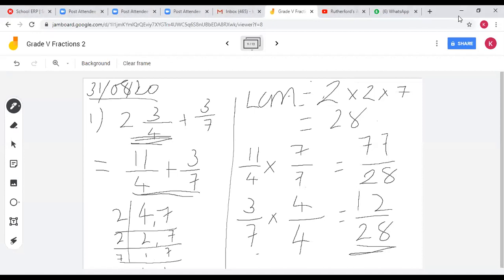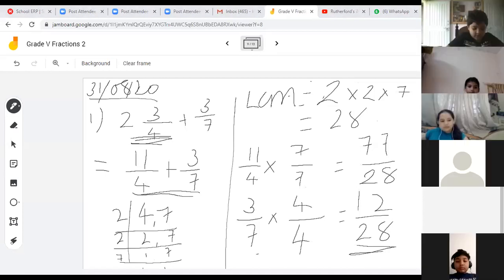Because 4 upon 4, 4 divided by 4, what is the answer? No, Dwij. Pay attention, beta. 4 divided by 4. What is the answer? 1.